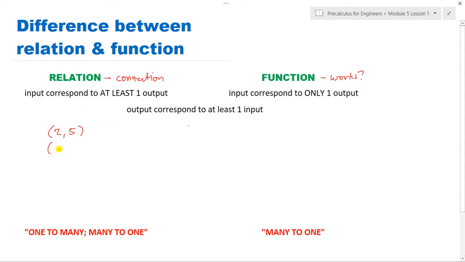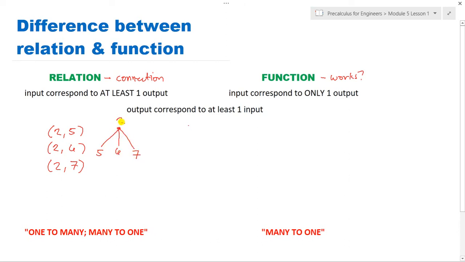So therefore, you can have 2 or more outputs for a certain input. Let's say I input 2, your output is 6. I input 2 again, your output is 7. Now, if we draw this using a tree diagram, let's say our input is 2, then we have several outputs: 5, 6, and 7.